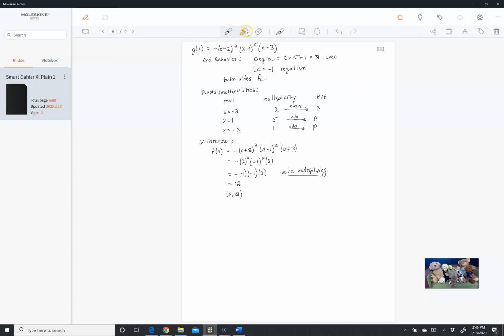So the things that we care about: we care about the fact that both sides fall. We care about whether or not it bounces or passes. We care about the roots, so x equals -2, x equals 1, and x equals -3. And we care about the y-intercept. So if we graph this, we know that we're going to have (0, 12) in there, so it's going to have to go up high.